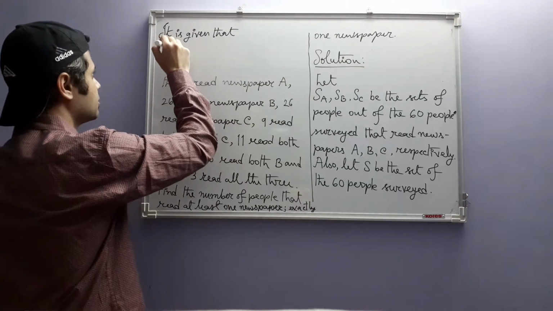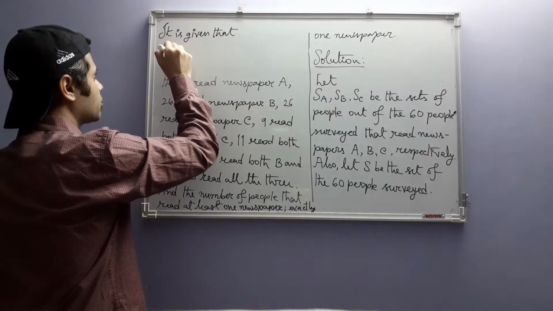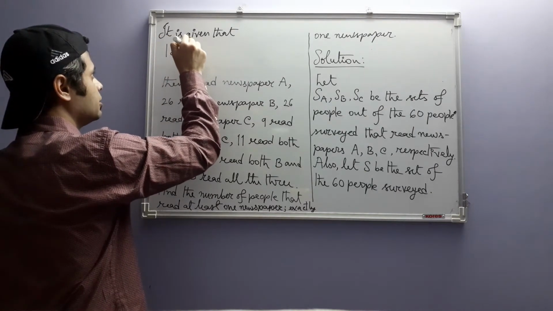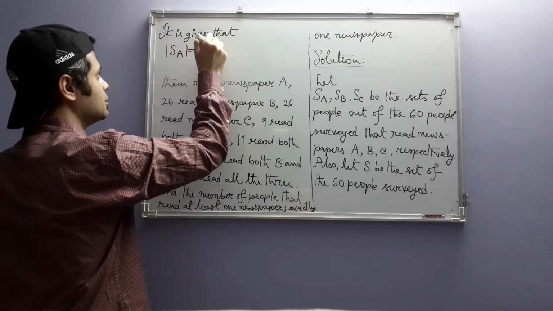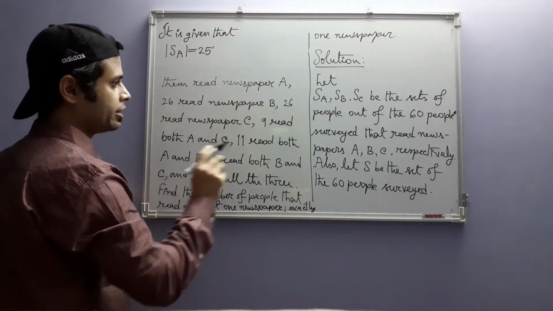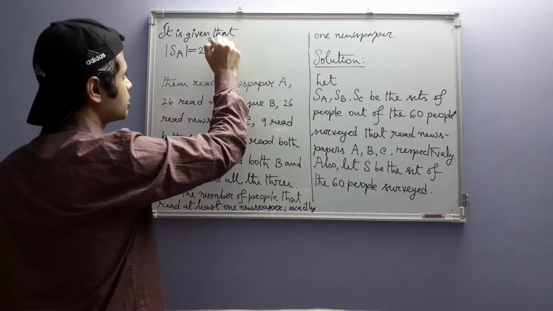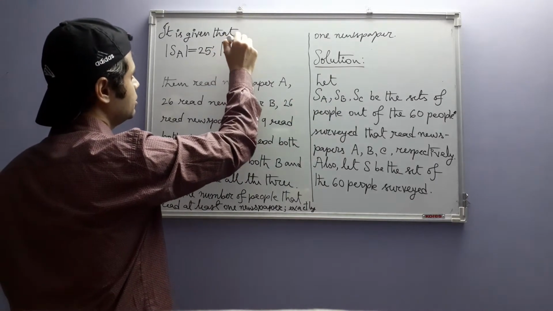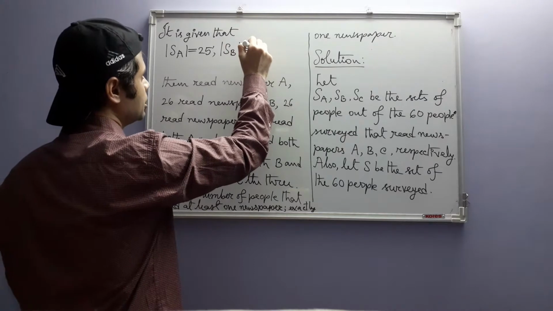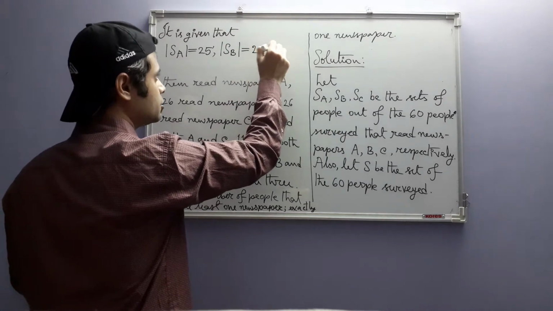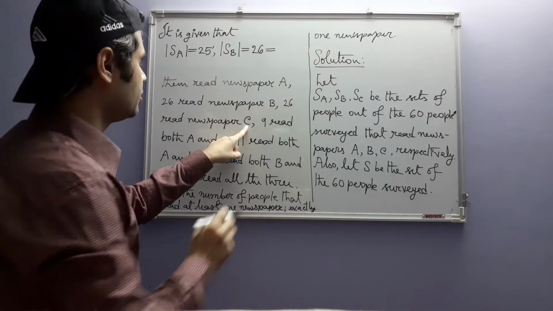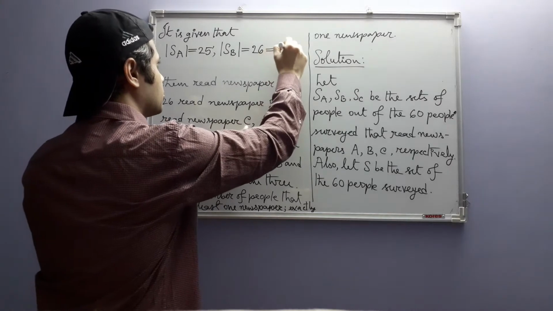That means the cardinality of SA is 25. This is given to us. Similarly, SB is the set of people reading newspaper B. So that means the cardinality of SB is 26, and which is also the cardinality of SC.